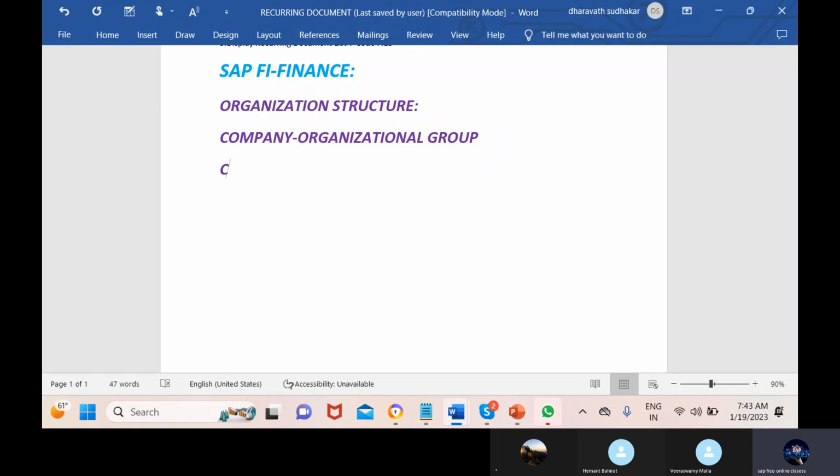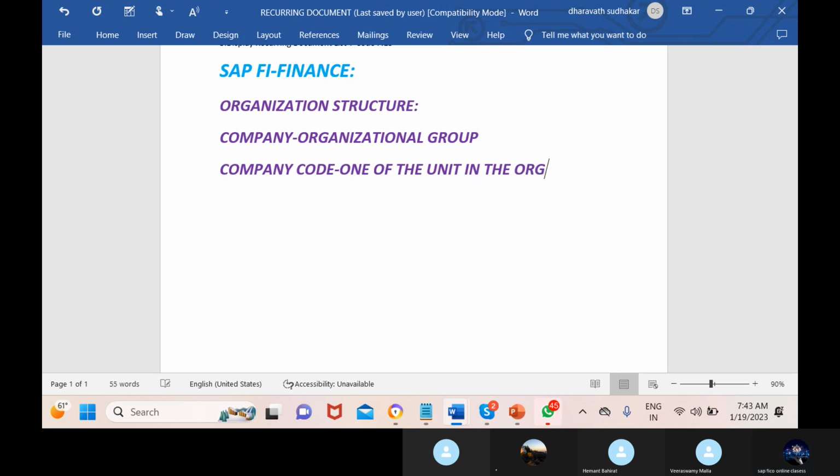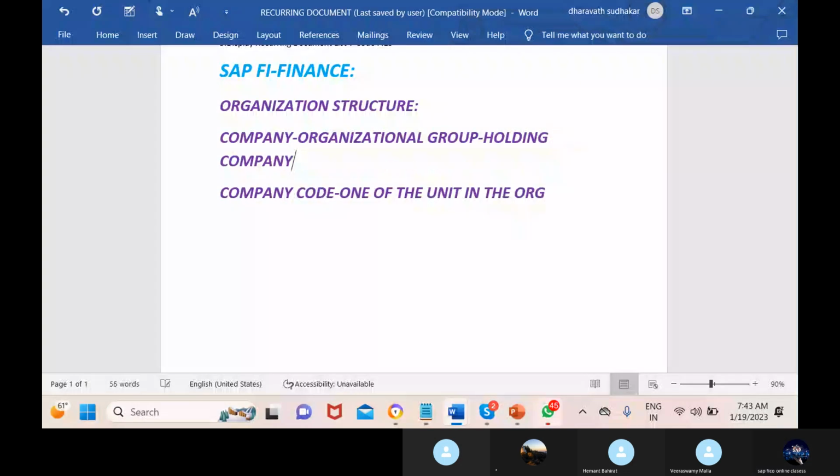Company code means one of the units in the organization. Otherwise we can say company means a holding company, and company code means subsidiary company.